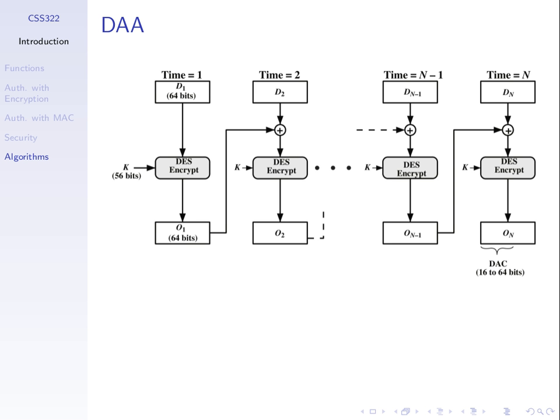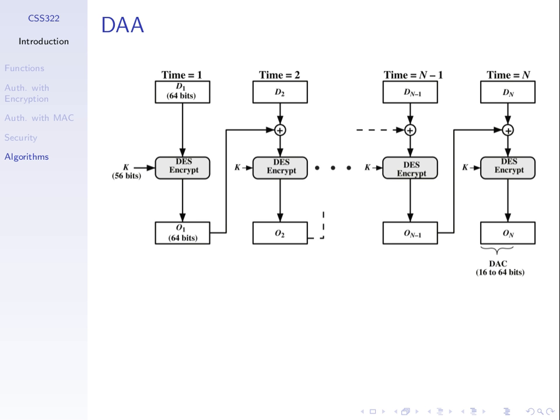So we take our input message, break it into blocks, 64 bits here, data block 1, data block 2, data block N, apply some combination of those, and the final output here, we take a selection of bits to be our MAC value. If we want a 64-bit MAC value, we take everything here.